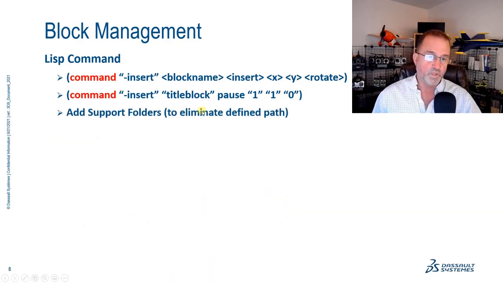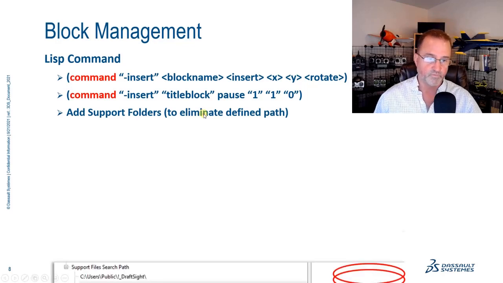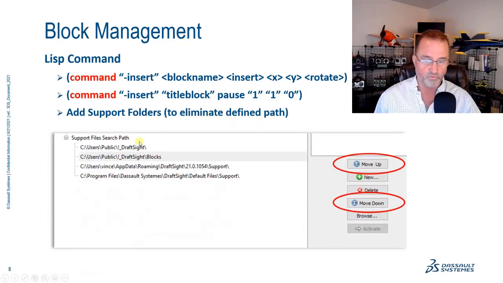Now, when we create functions in Lisp to insert blocks, one of the best practices that I did cover before, but I want to go through it again, is to make sure that we add the block folder to our support files. And you'll notice here in this case I use the user's public folder, and then I have a DraftSight folder, and then within that folder I have a folder for blocks, and that's typically where I might keep my highly used blocks, things that I'm going to use over and over, for instance like a title block.